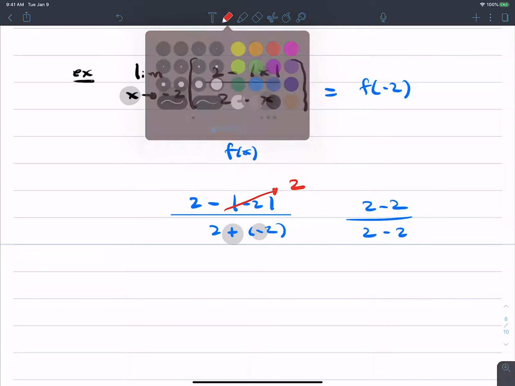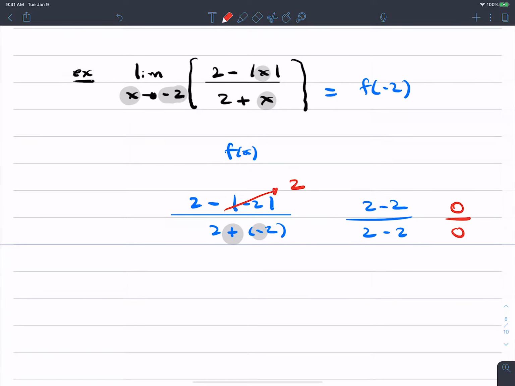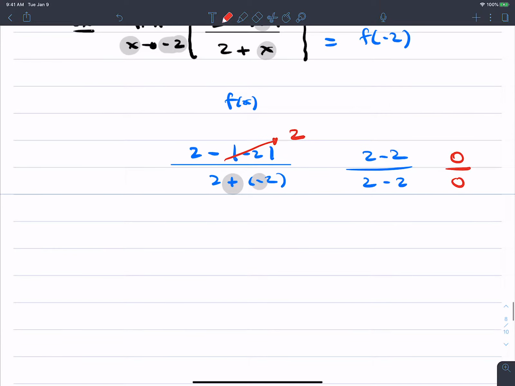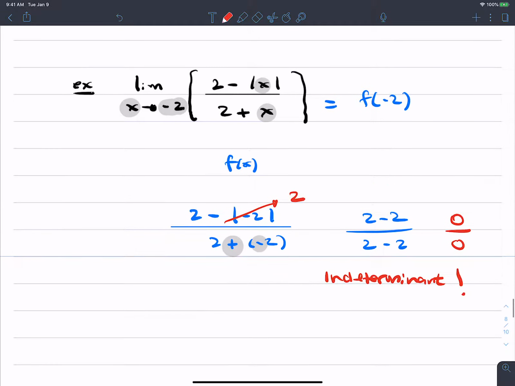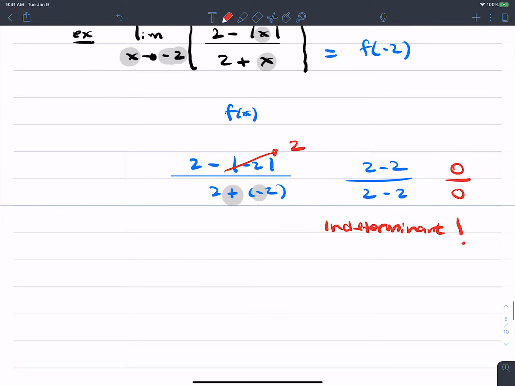And you end up with 0 over 0. This again is indeterminate.